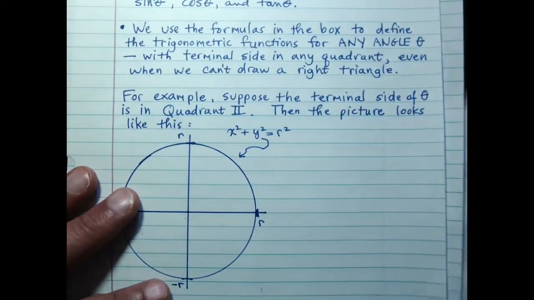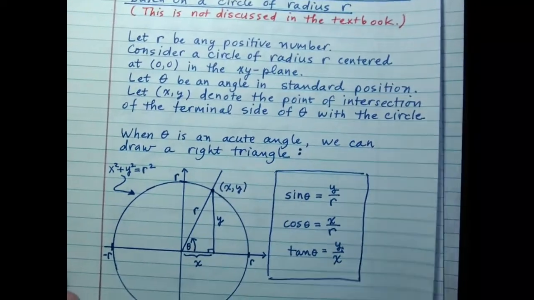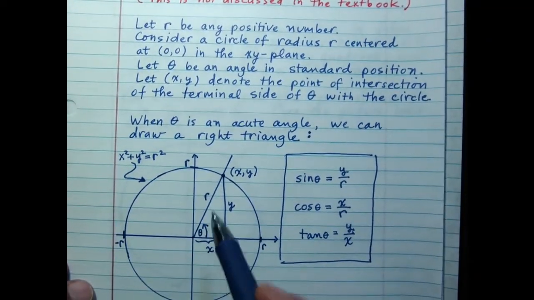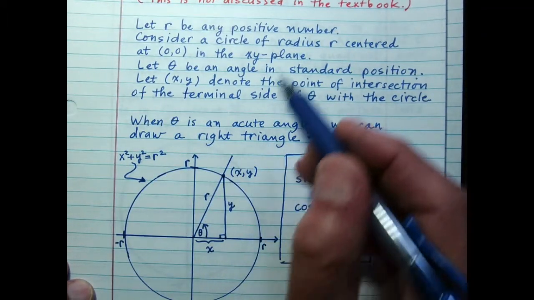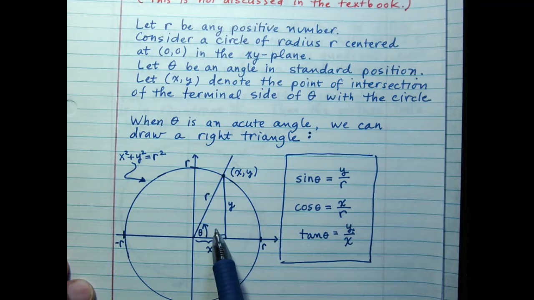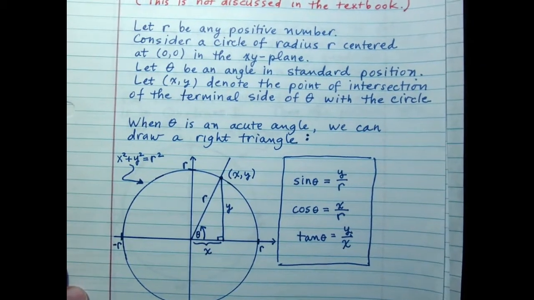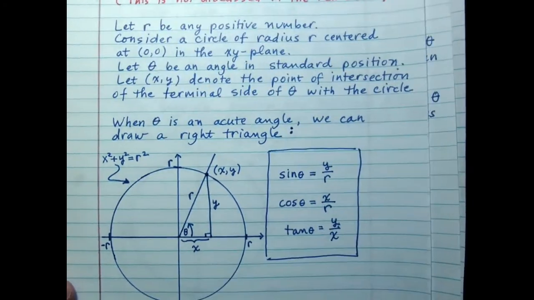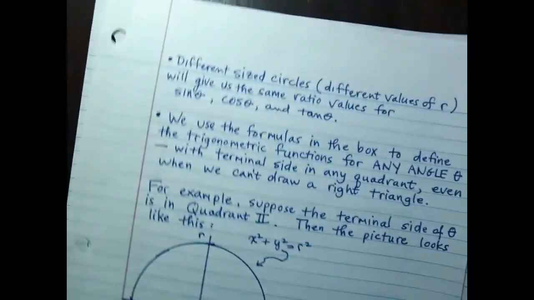So a large circle or a small circle will give us the same value. And really the reason is, if we use a larger circle, we get a different triangle, but it will be similar to the triangle in this picture. So for a given theta, all the triangles that you get are similar, so the ratios of the corresponding sides are proportional, and the ratios will come out the same.